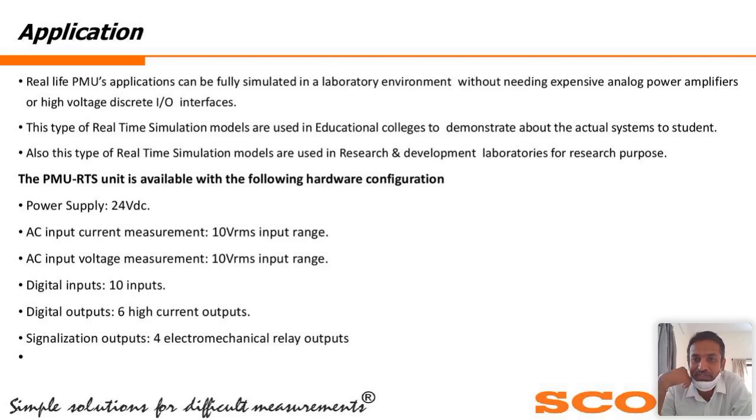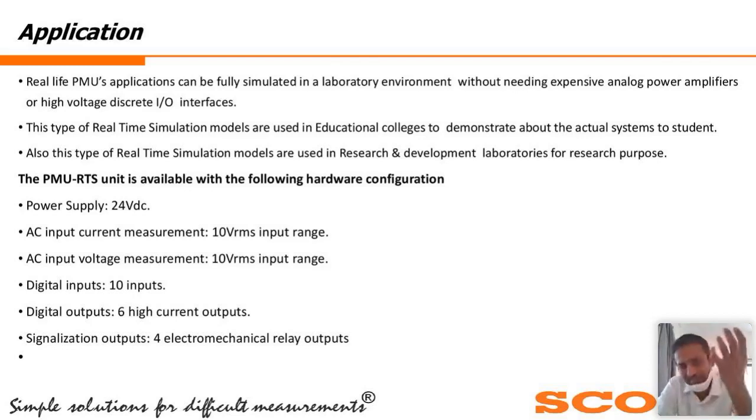Mr. Sanjay is asking one question: is there any power swing blocking mode option in the PMU? Actually, there is no power swing blocking. It's not a protection device. Power swing blocking and such functions are part of distance protection or differential protection, so protection devices take care of this issue.